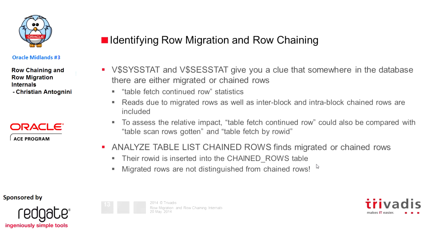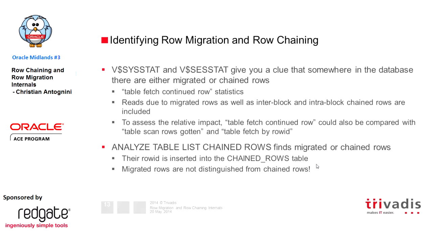Now, since we have seen we might have problems because of that, how can we identify and, of course, later on also solve this kind of problem? First of all, as I said before, Oracle does not provide a way to identify chained or migrated rows. It just mixes the two concepts together. So when you check, for example, v$mystat or v$sesstat for the statistic table fetch continued row, you get an increment.